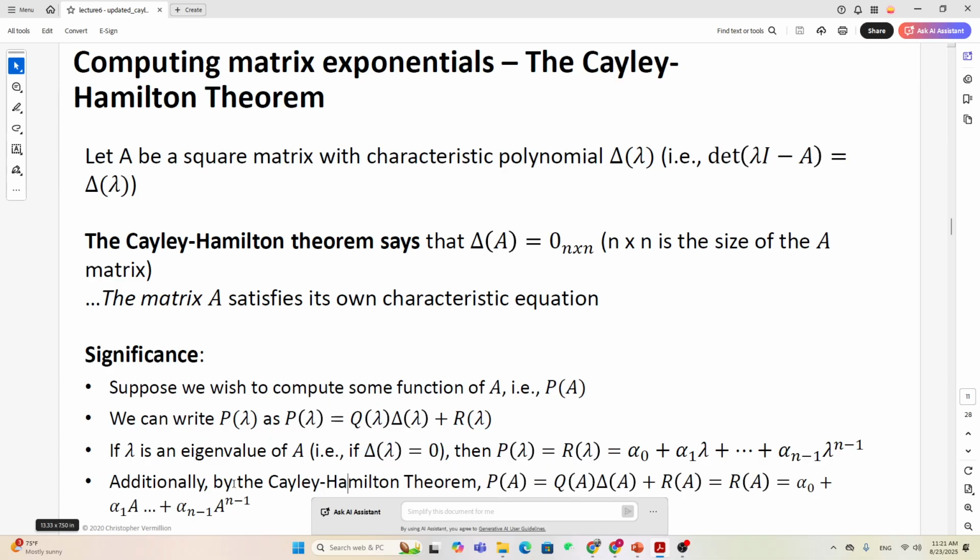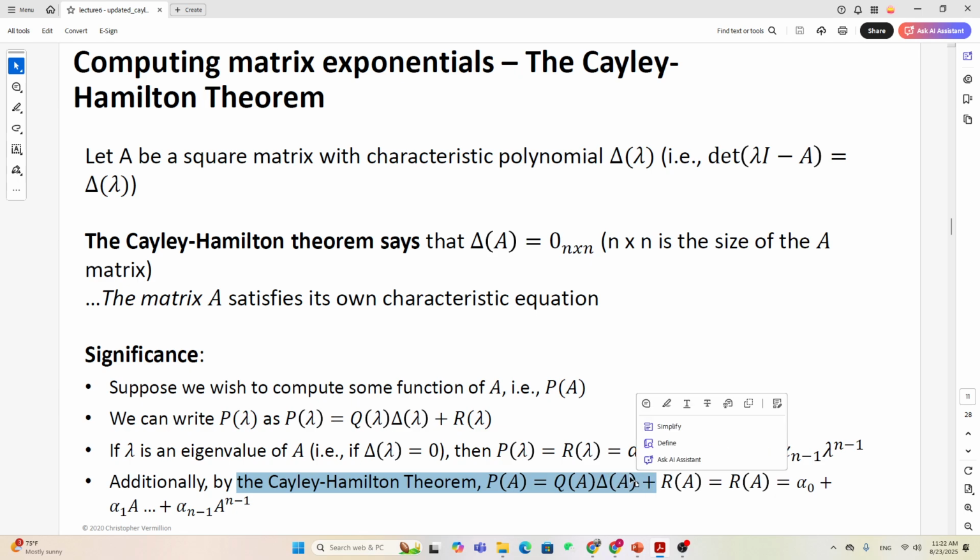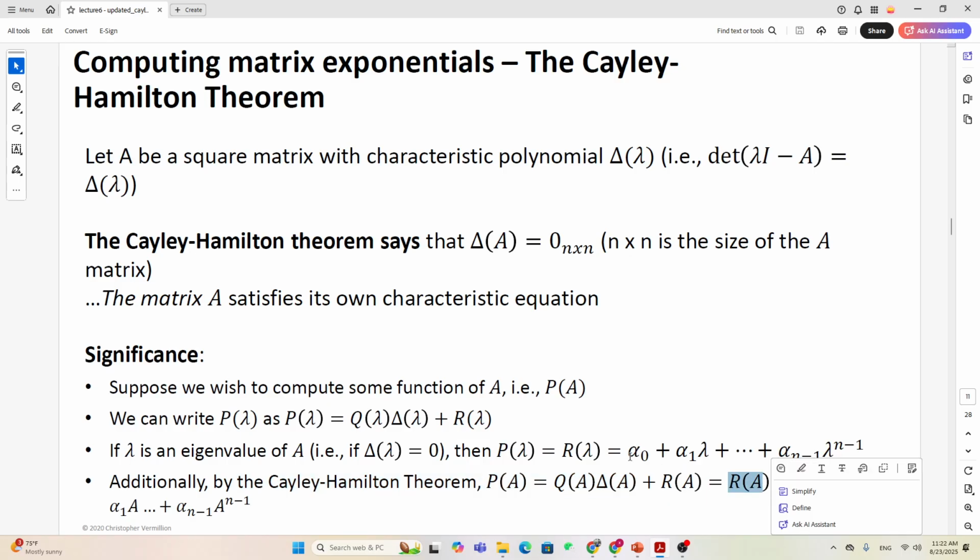So if you look at the Cayley-Hamilton theorem, P of A, or no matter whether you use P of A or F of A, equals Q of A. This is the one that we just mentioned, as it is also 0, so you get R of A only by itself. So that's why you have alpha 0 plus alpha 1 A all the way to A to the power n minus 1.